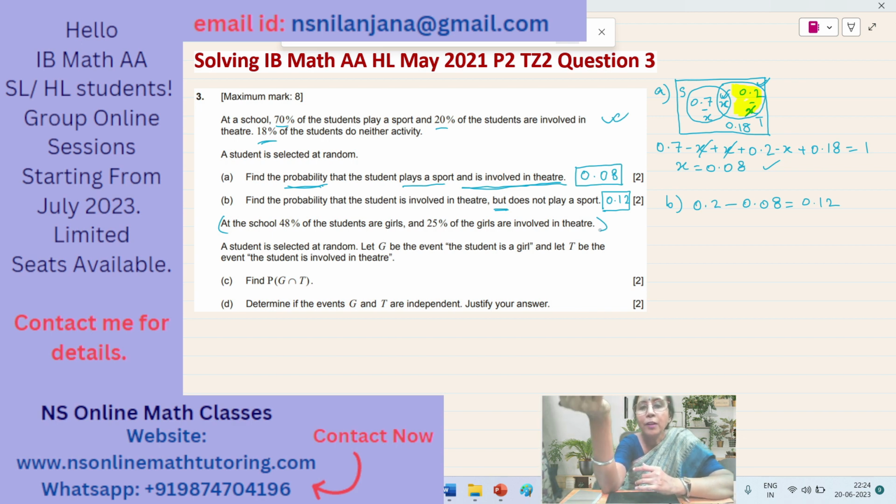It is the number of favorable outcomes over the number of total outcomes. That is the probability. Okay, so let us try to understand this. Whenever it is 48% of the students, you can take the total number of students in the school as 100. But 100 is too small an amount for the number of students. I am taking 1,000, because if you take 100, no problem, but sometimes you may get a decimal number. So better to take 1,000.